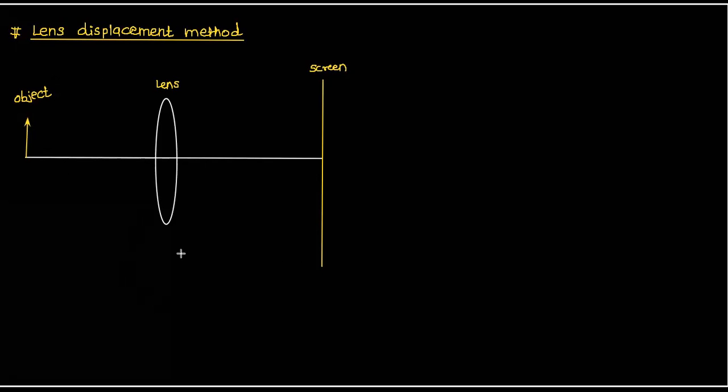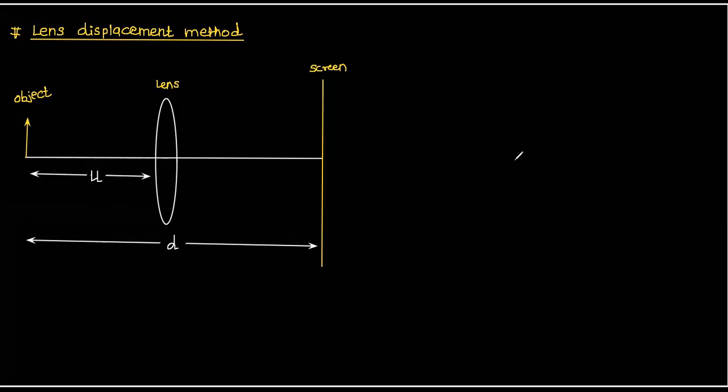Let us suppose the distance from this object to this screen is d. Distance is d, and this object's distance from this lens is u. This is your u.